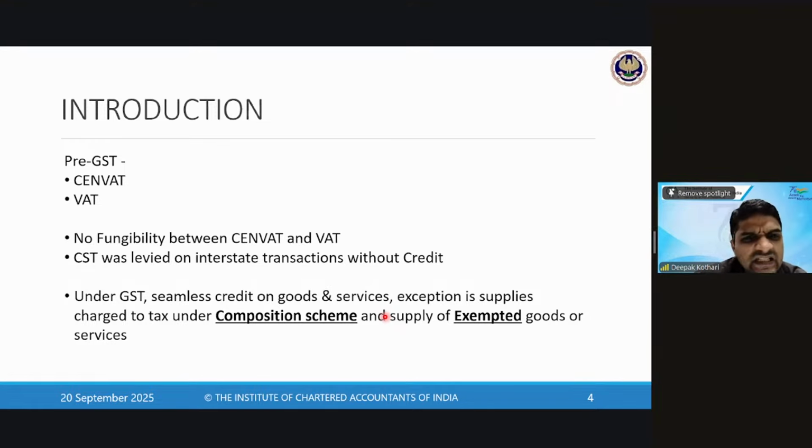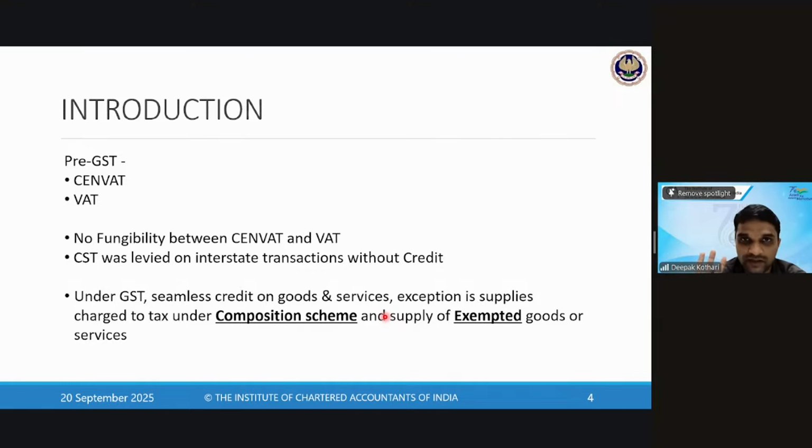Yes, some more questions. Composition scheme, Anjana, you'll have to go to that topic where they have spoken on composition scheme. But to give you a brief, composition scheme is a special scheme where you don't have to charge GST at 18%, 12% or something.